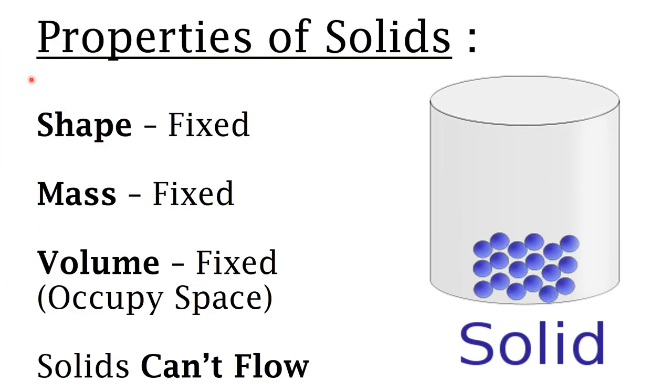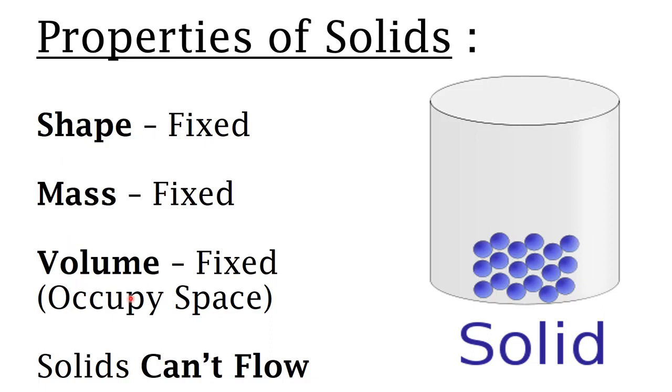Let's have a look at the properties of these different states of matter, starting with properties of solids. If we talk about shape, their shape is fixed. Mass of solids is also fixed.